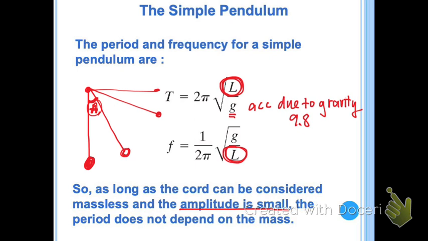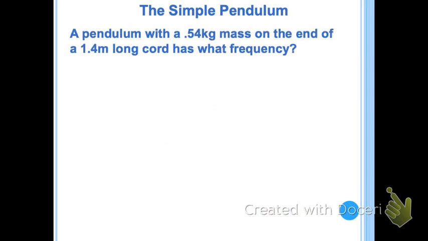This says a pendulum has a 0.54 kilogram mass and the cord is 1.4 meters long. What frequency does it have? Did you see in our equation anywhere that mass gets put into our equation? No. So the mass on the end of it really doesn't make a difference for us.